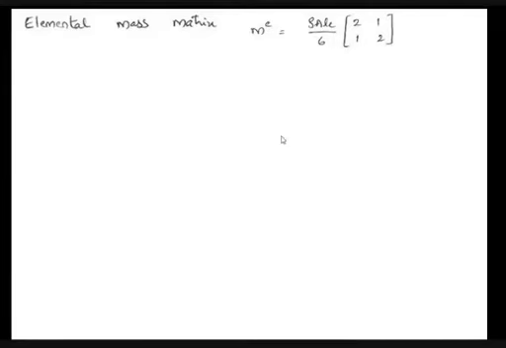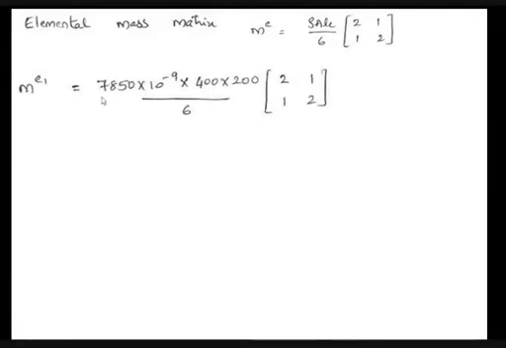So now I am supposed to find out the elemental mass matrix. The elemental mass matrix is given by M equal to rho AL by 6 times [2, 1; 1, 2]. So for element 1, what is the rho value? 7850 into 10 to the power of minus 9, into area 400, then the length of the element is 200, divided by 6, times [2, 1; 1, 2].